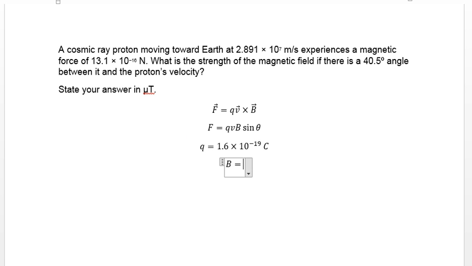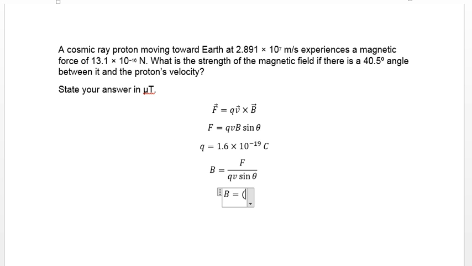So our magnetic field is F over QV sine theta, right? So this is our formula. B is F over QV sine theta.